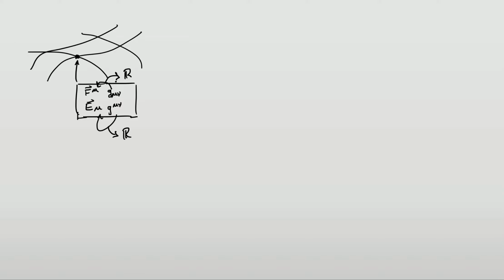These machines don't necessarily have to operate on just these guys. We saw earlier that G mu nu can operate on E mu, and instead of outputting a real number, we output an F mu, or some sort of contravariant object.